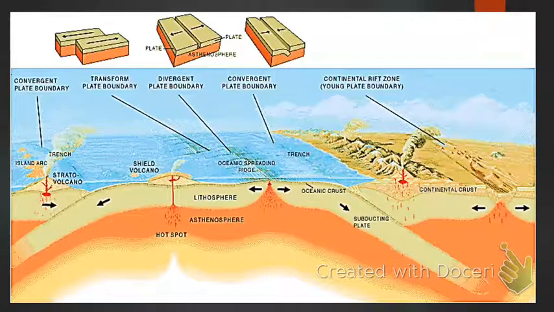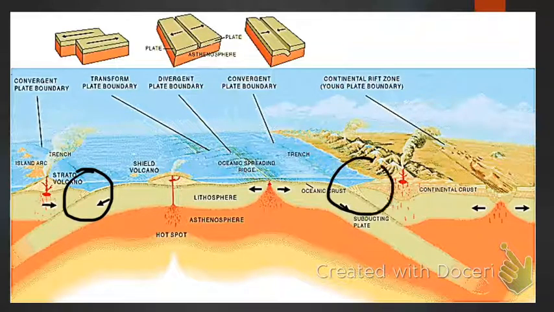All right, so this very last picture is a diagram that shows all of the plate boundaries all in one picture. And so you can see that there is a subduction, oceanic, right there. You have continental-oceanic right here.